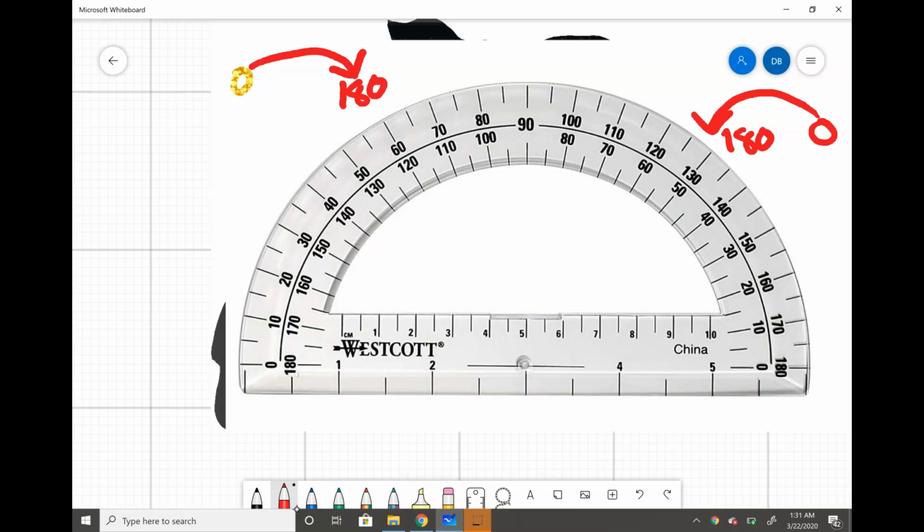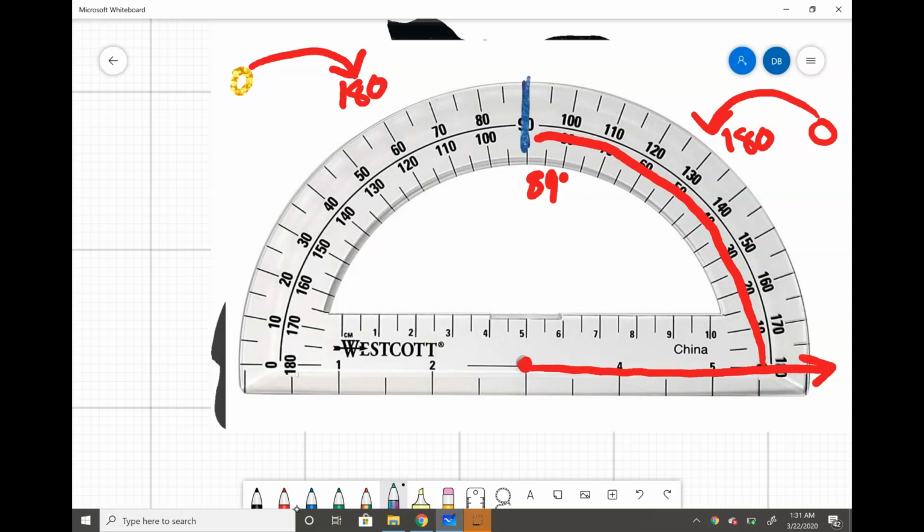Now also think of this. If I do start on this side, then from 0 all the way to 89 degrees would be acute, okay? And then at 90, that would be right. So anything in this territory would be acute.